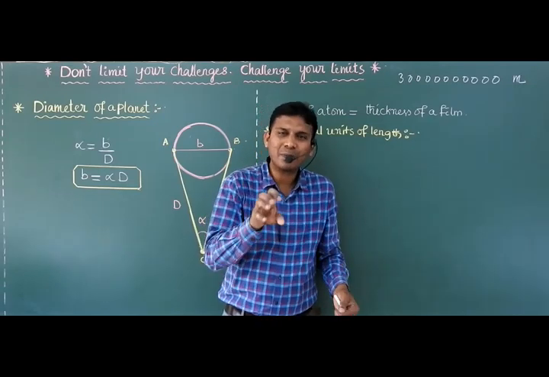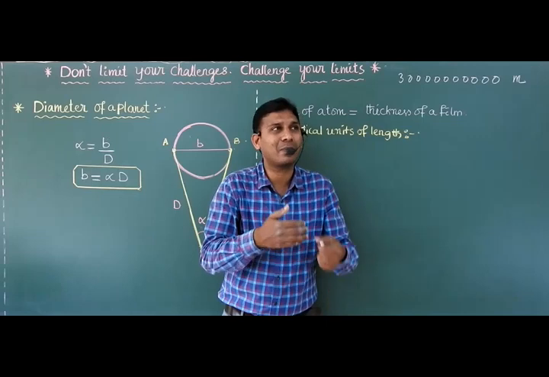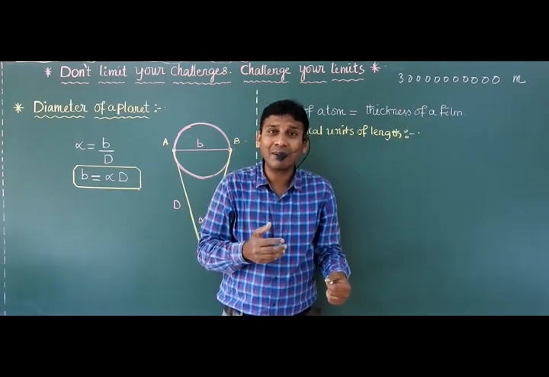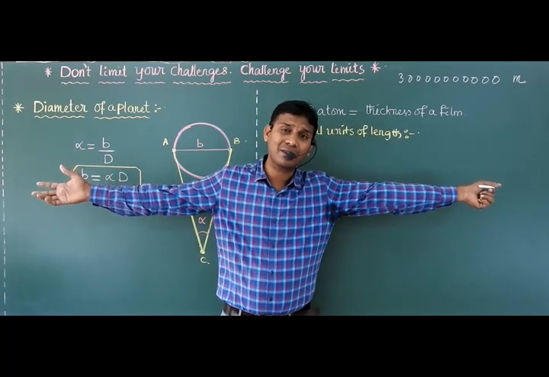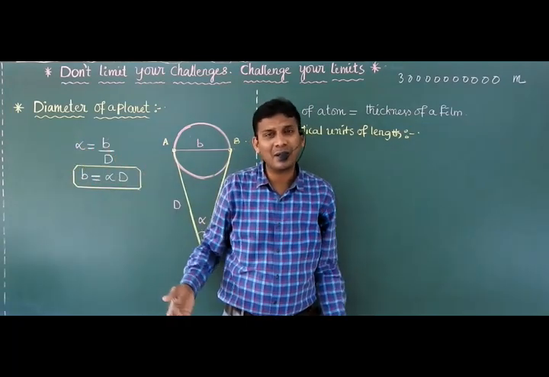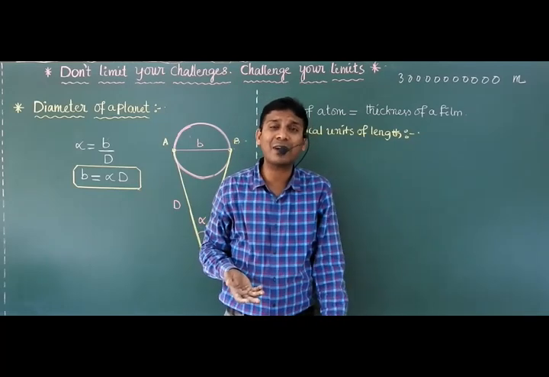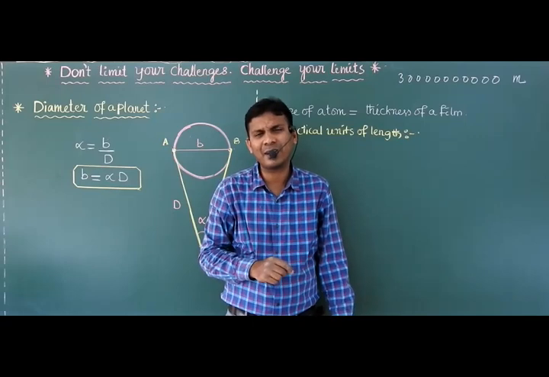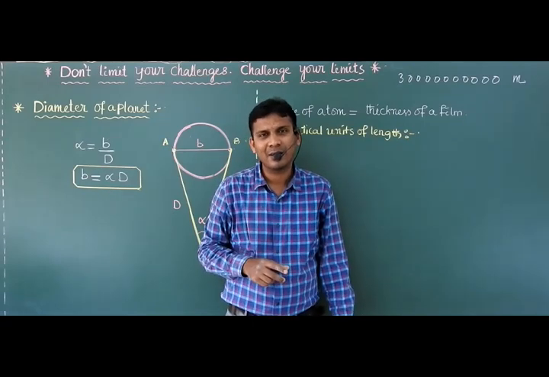So when we use these practical units, just now I gave the example of the distance between Earth and the Sun. Meter we can use, but the value is very large. If you express the distance in meters, there are around 15 to 20 digits. Every time it is very difficult to write a 20-digit number.